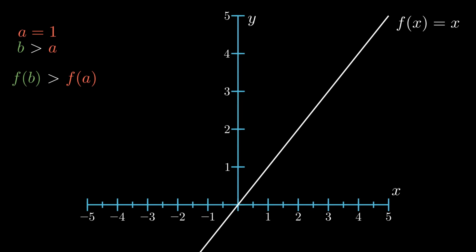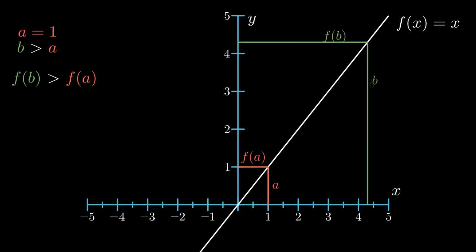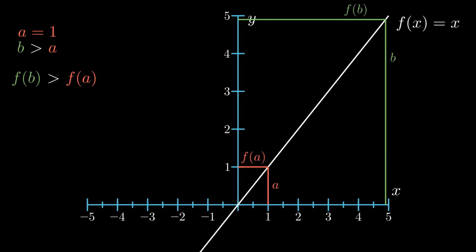So now the relationship is that a is smaller than b. Then if you plug these values inside the function, you get f of a and f of b. If you increase b, you maintain the inequality. So a is still smaller than b, but at the same time f of b is always greater than f of a.